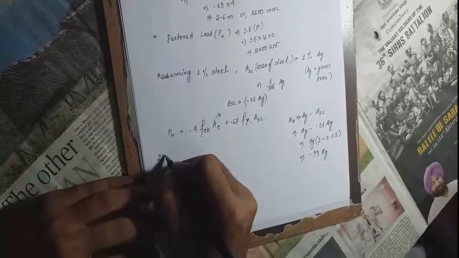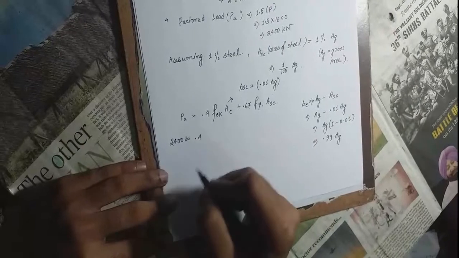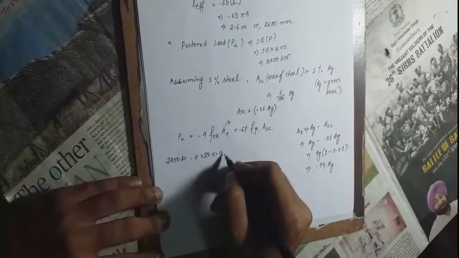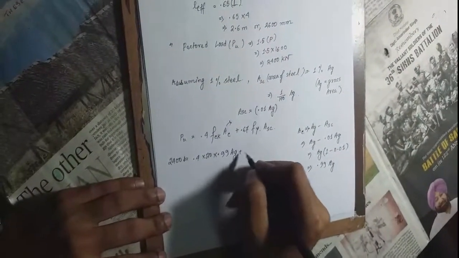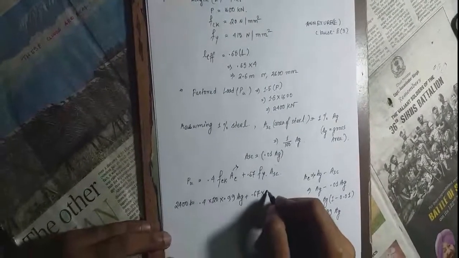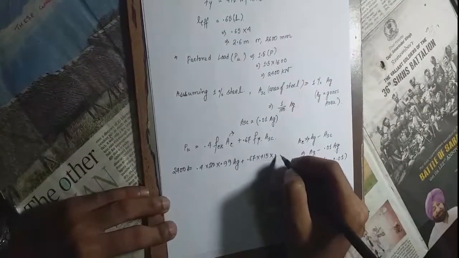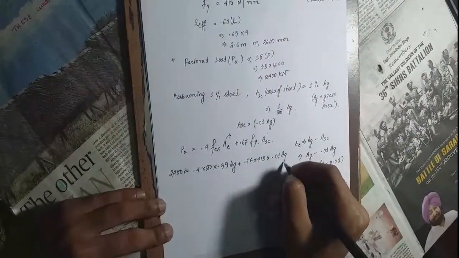The PU value, the factored load, is 2400 kilonewton. 2400 equals 0.4, the FCK value we know is 20 Newton per mm square, the AC value we got is 0.99 of AG, plus 0.67 times the Fy value, that is 415, and the ASC value, that is 0.01 of AG.